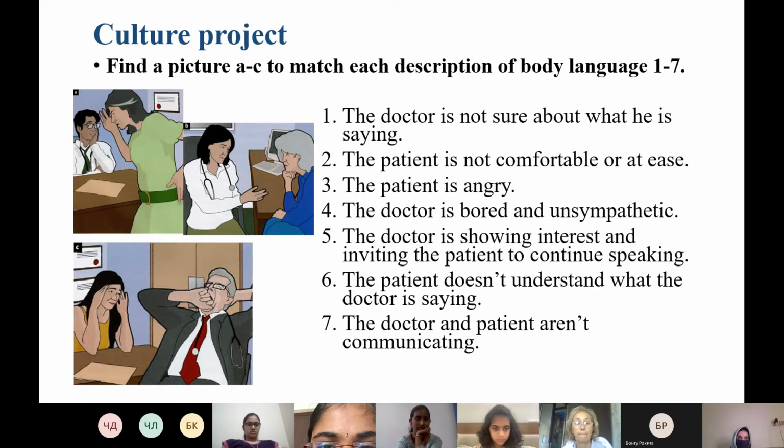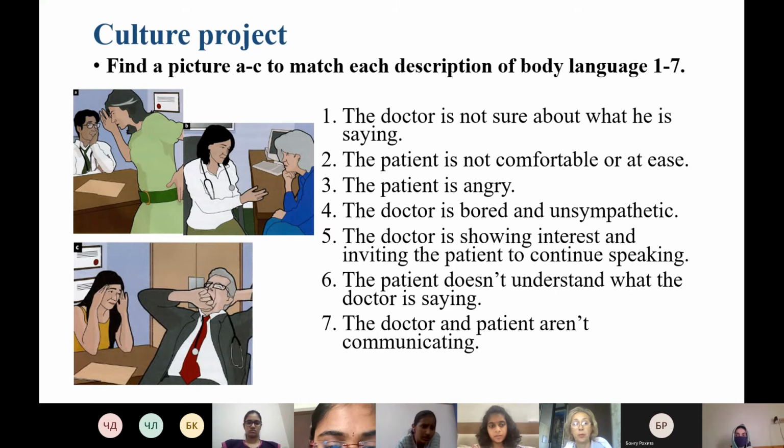The patient is not comfortable or at ease. C, ma'am. Picture C, yes. Then the next: the patient is angry.